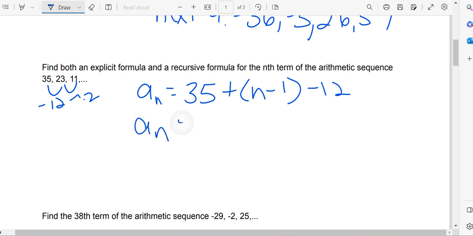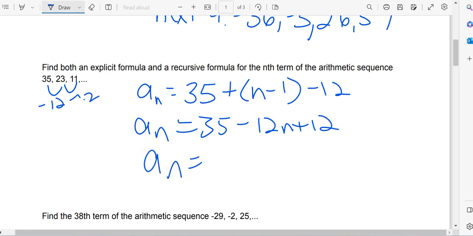Let's distribute. We're going to get negative 12n plus 12. And simplify, you're going to get negative 12n plus 47. That is your explicit formula.